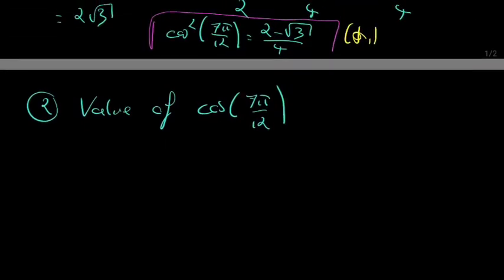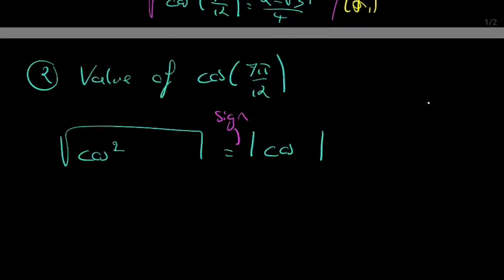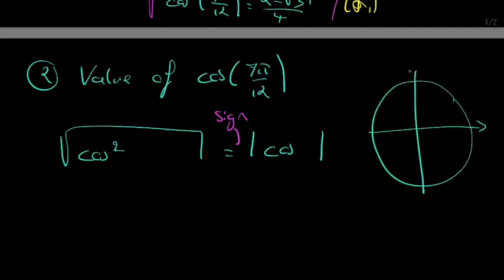It will be too easy to just take the square root of cosinus squared, but let's remember that the square root of cosinus squared is equal to the absolute value of cosinus, but we need to know the sign of this cosinus. And how to know the sign of the cosinus? Just by using, as always, the trigonometric circle as a tool.